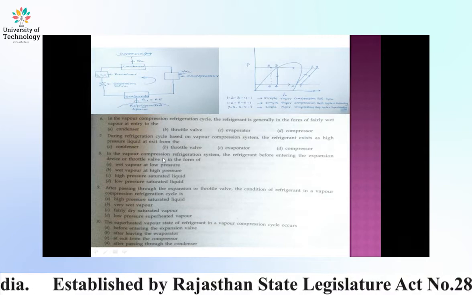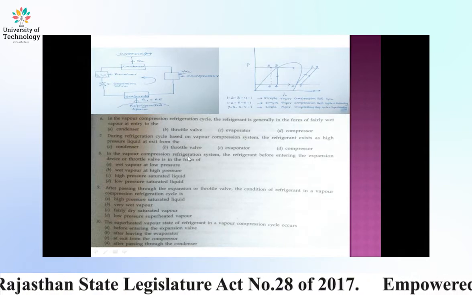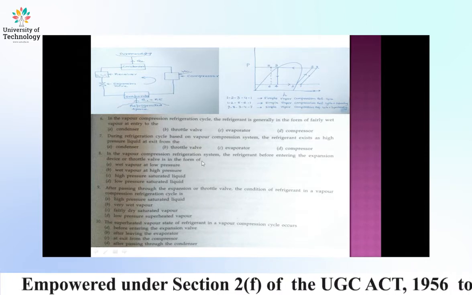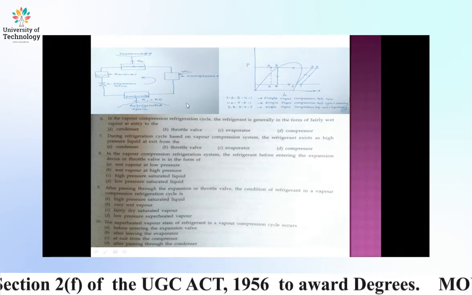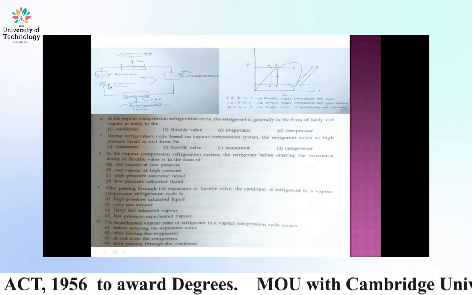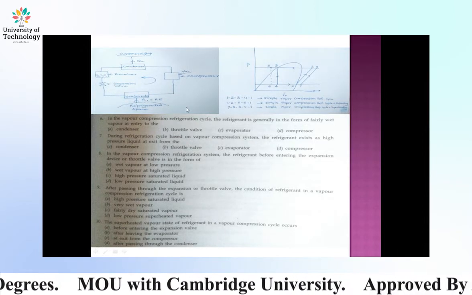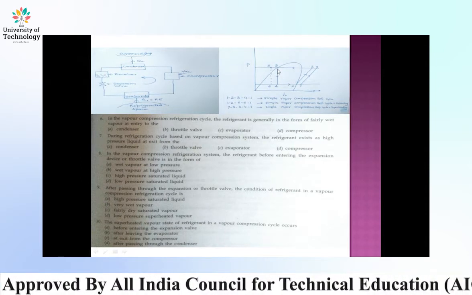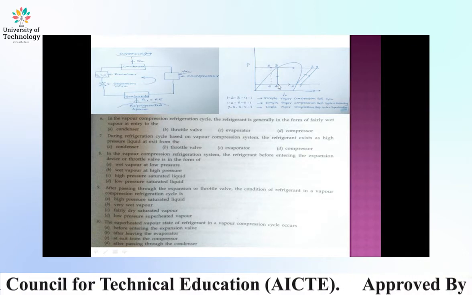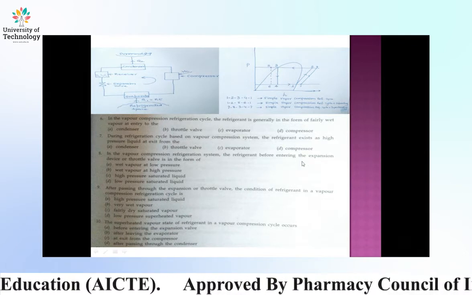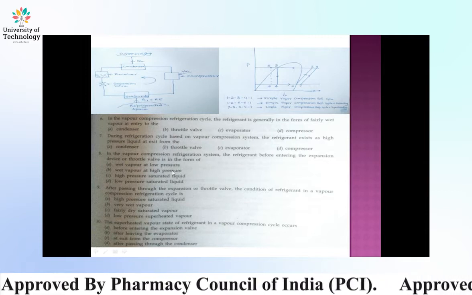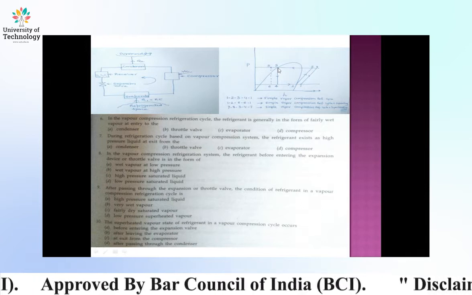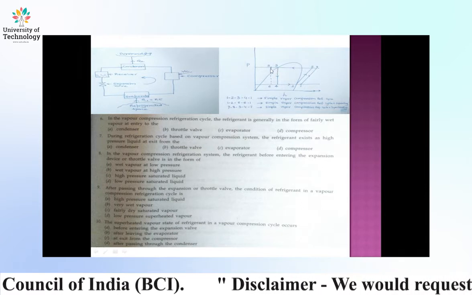In the vapor compression refrigeration system, the refrigerant before entering the expansion device or throttle valve is in the form of... Look at the throttle valve, the expansion valve. 3 to 4 is the throttling process. So 3 is the inlet of the throttle and 4 is the exit of the throttle. In the simple cycle at point 3 it is saturated liquid, and if subcooling is there, then it's subcooled liquid.